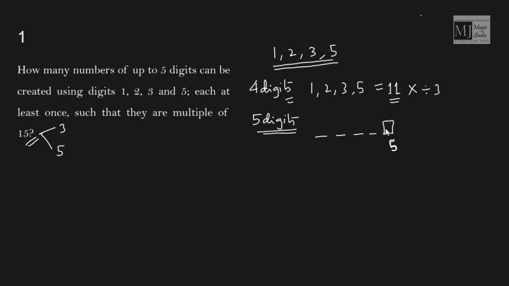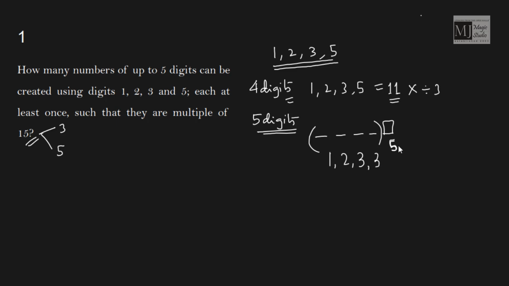And now the sum of digits should be divisible by 3. What can be the combination? We need to use 1, 2 and 3. Now 1 plus 2 plus 3 is 6. We can use one more 3, isn't it? Then it will be 9.